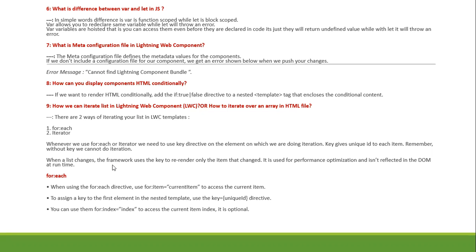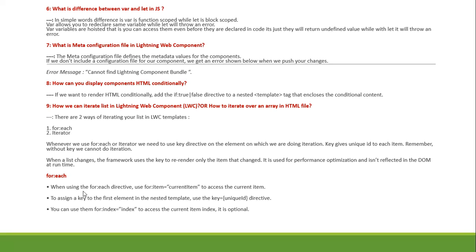When a list changes, the framework uses the key to re-render only the items that change. It is a useful tool for performance optimization and is not reflected in the DOM at run time.